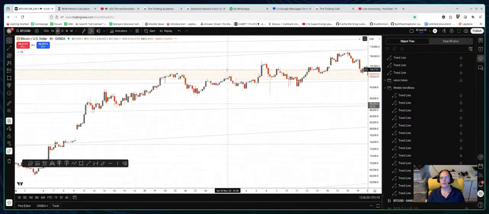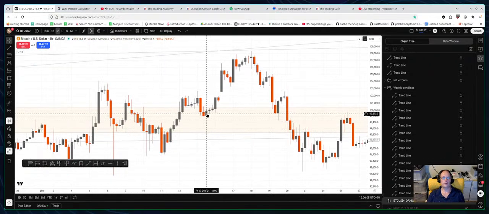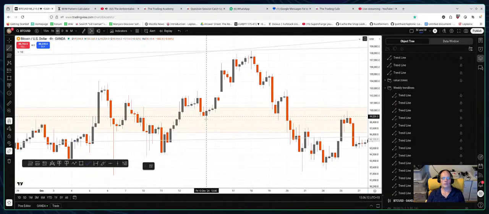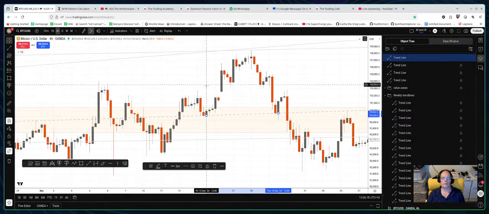Wait, zoom in. Sorry for the jittery camera. So you may or may not see it, but that's a shoulder, a head, and a shoulder. Like a guy peeking his head over the wall.